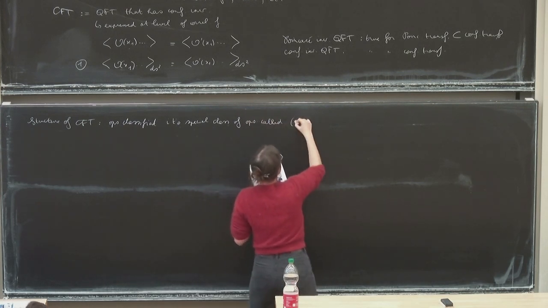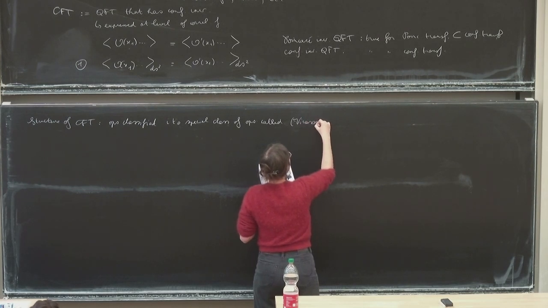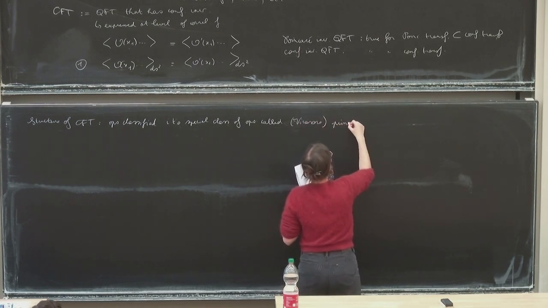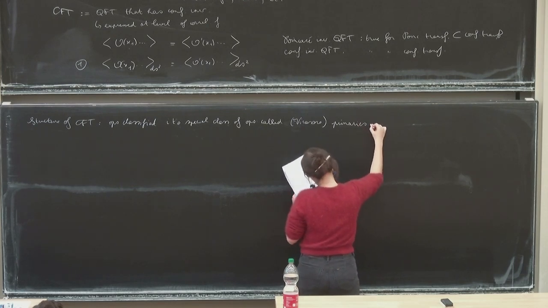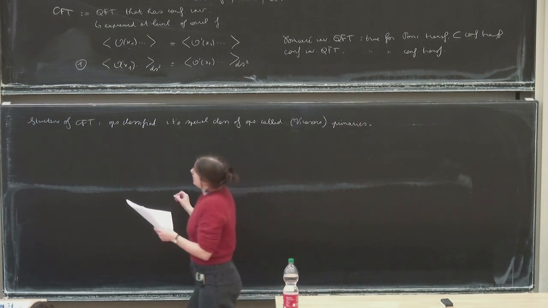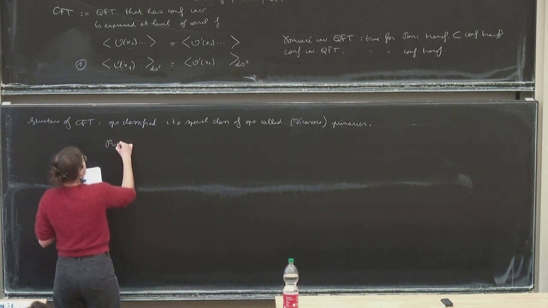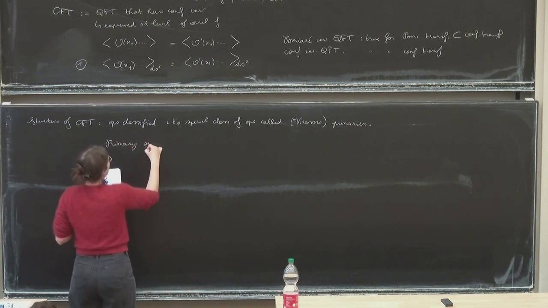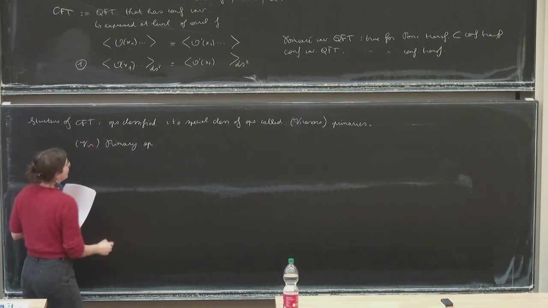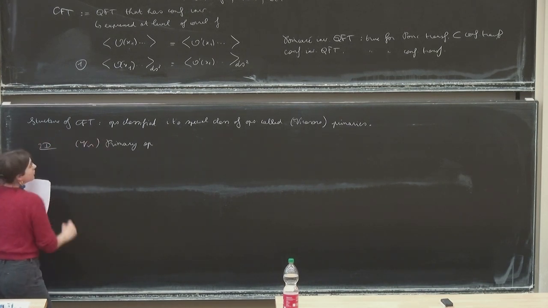Called primaries, but I'm going to add in brackets Virasoro. I'll explain why. So we'll use this concept, so I have to tell you what a primary operator is. Again, actually a Virasoro primary operator, because I'm interested in 2D.